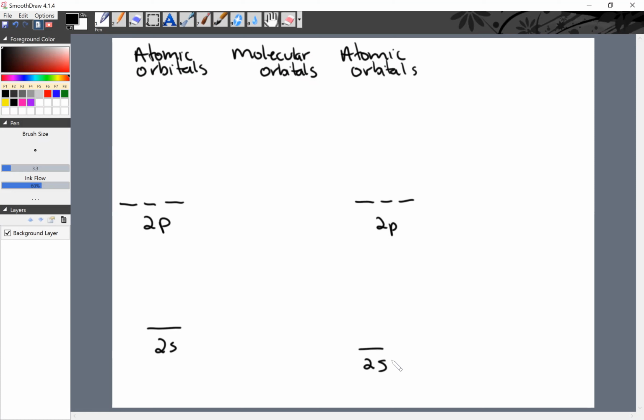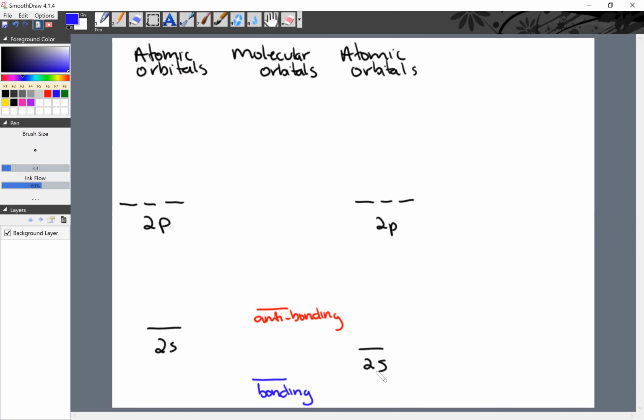All right, when you take these atomic orbitals, they are converted into two molecular orbitals. One has a higher energy and one has a lower energy. So this is called the anti-bonding orbital. The lower energy one is called the bonding orbital. And then, of course, we put names with it.